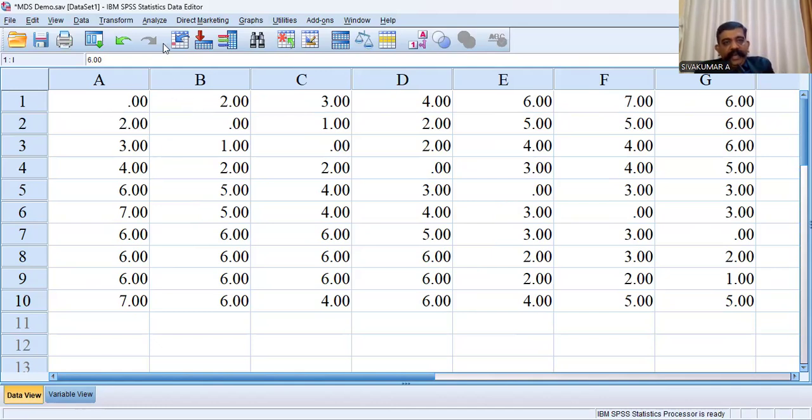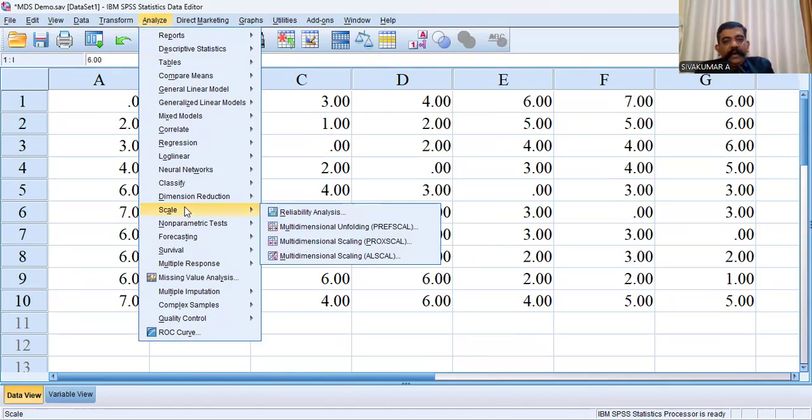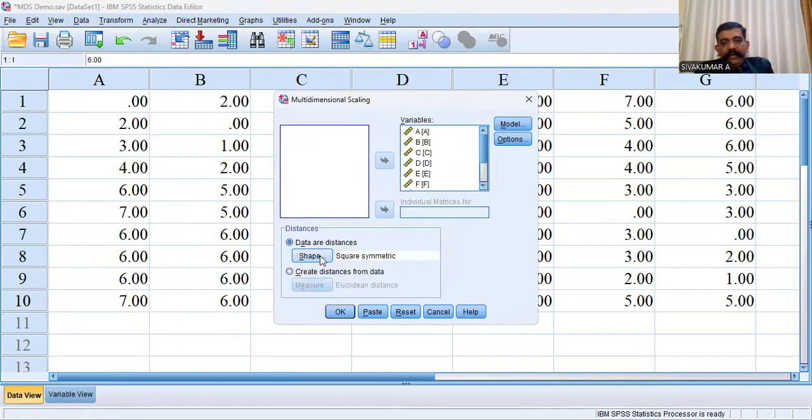Please click Analyze. Then you can see Scale. Then Multidimensional Scaling. Take it. Then you have to transfer all variables into the variables box. I have already done it.